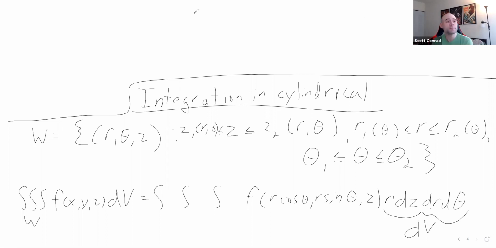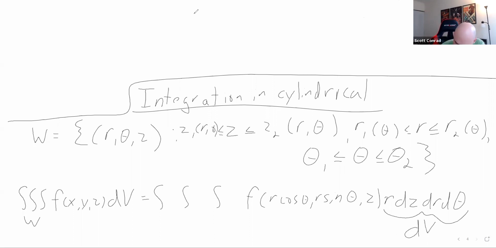Remember, in polar, dA becomes r dr d theta. You need to have that memorized. Cylindrical is basically: you integrate with respect to z and then go down to the xy plane, and then it's polar. So it's dz and then go down and do polar, then it's r dr d theta. So you need to multiply your entire function by r here.